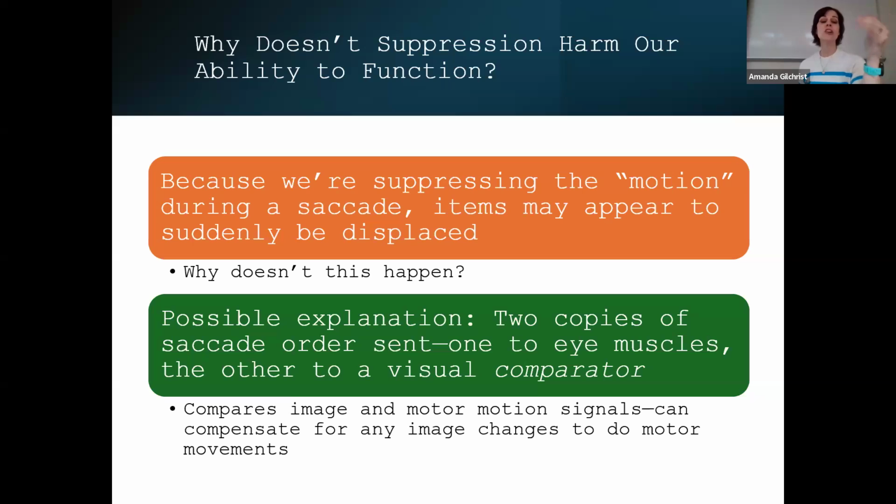The comparator is basically going to compare the image that you see and the signals for motor motion. And your brain is going to compensate for any image changes to catch up.